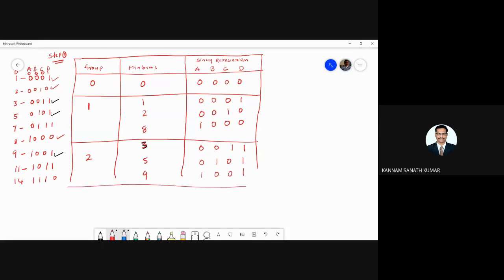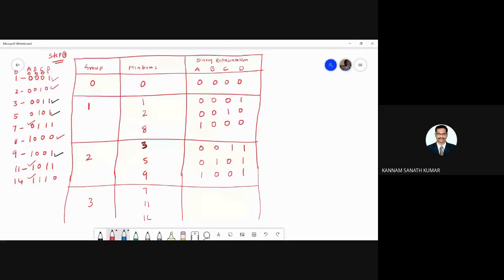Next you need to make group 3, where you see three number of ones. So you have 7, 11, and 14.